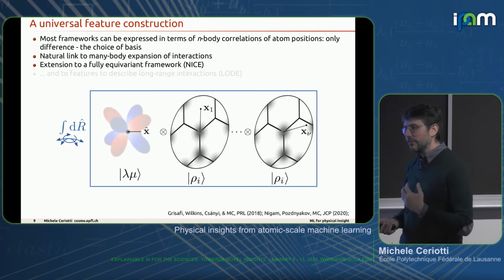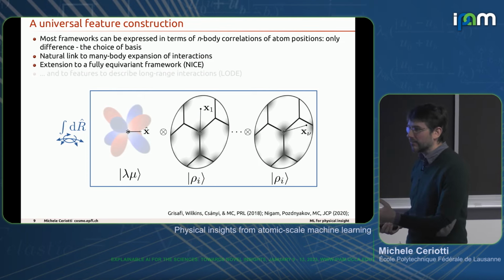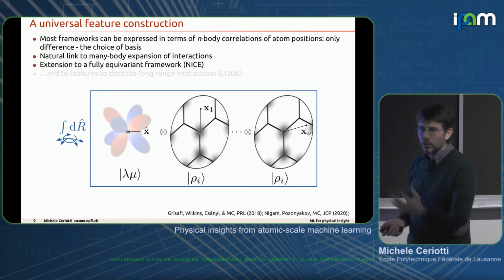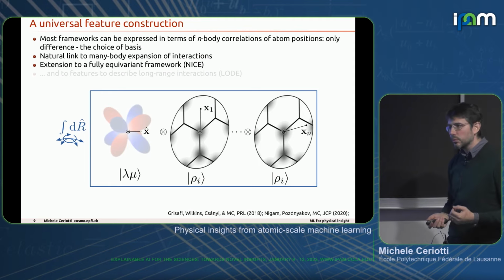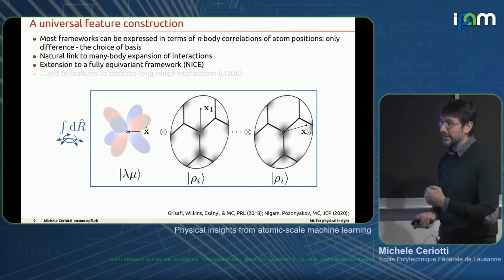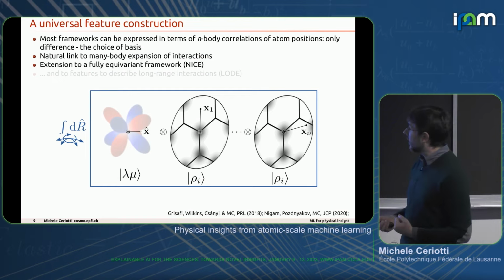So, for example, if your target is not a scalar, but is, for example, a vector or a tensor, and so you want to build a model that is not invariant, but is equivariant to SO3 operations, it's very easy to generalize this scheme.